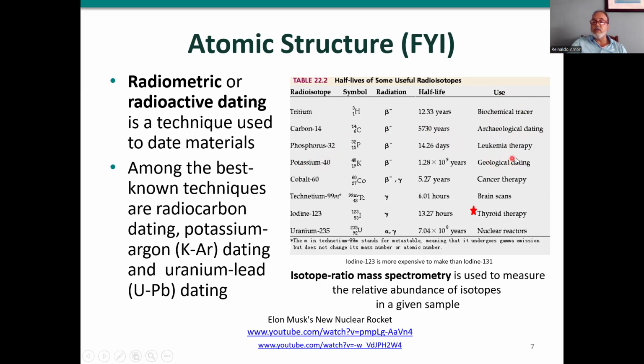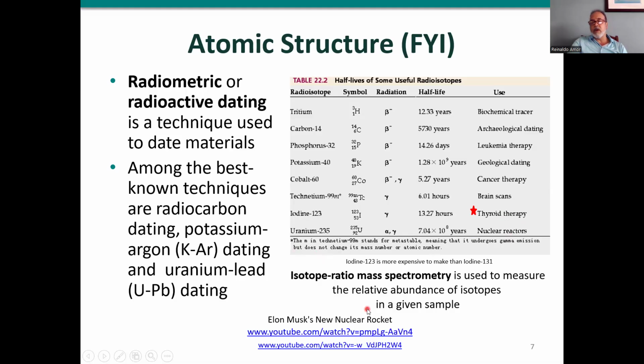Phosphorus is for radiotherapy in leukemia, cancer therapy, cobalt-60, technetium for diagnostic purposes. You can see the gamma radiation is emitted by this type of radioisotope. Also iodine-123, and there is also iodine-131, which can also be used, emitting gamma radiation as well. It's also used in thyroid therapy. And in nuclear reactors, we have uranium, okay?